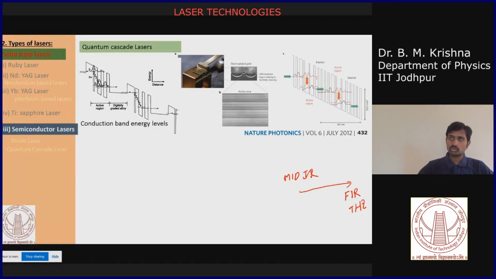Because of this band gap engineering, with the low gap you can create devices. See, from mid-IR to terahertz, you go to terahertz, you have milli electron volts. So with milli electron volts, you have very small energy gaps. Getting those kinds of materials is highly difficult.